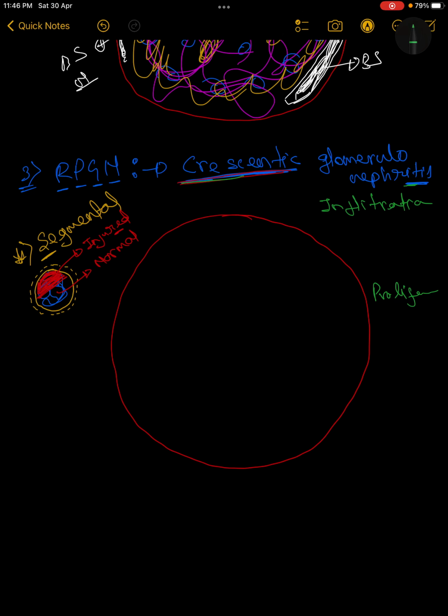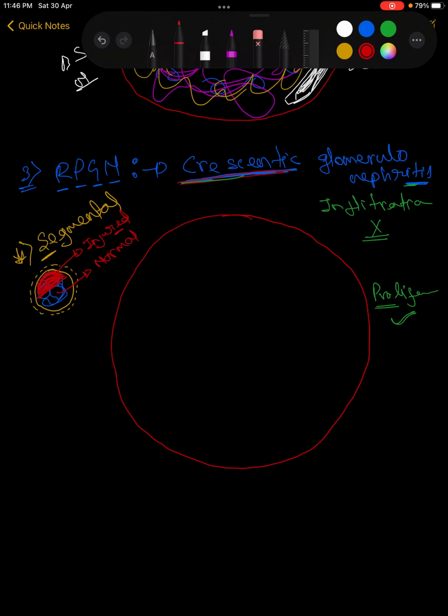You can see a little bit of infiltration, but not a major portion, while proliferation is the major one, okay. So this is how you have to define it. In a particular scenario, you will see some particular case or histological presentations, okay. So this is the first basic point you have to know before drawing the diagram.